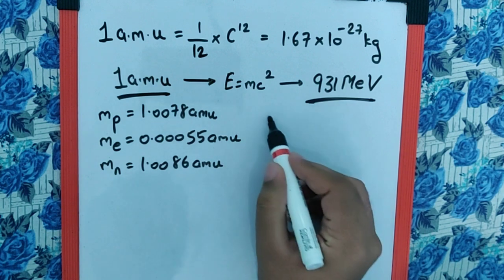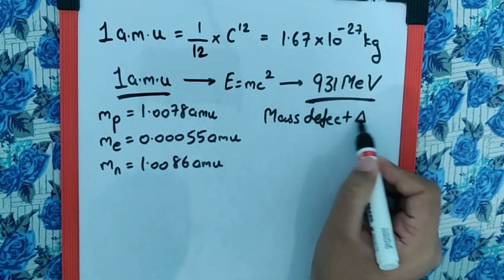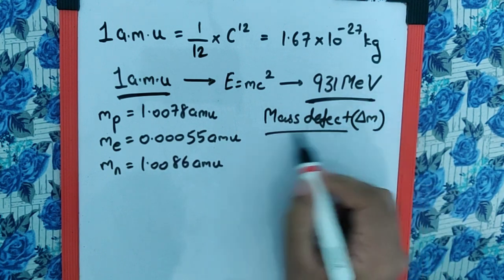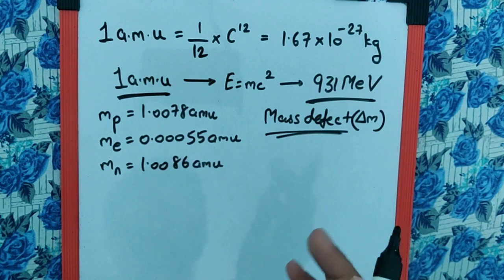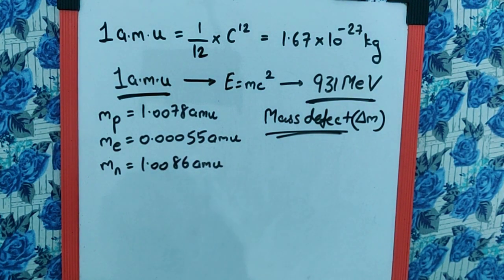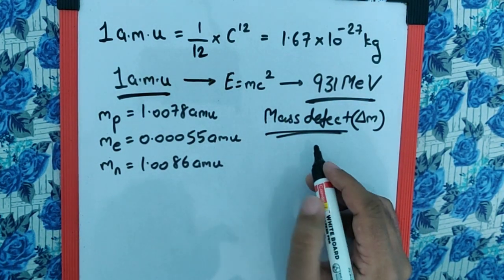Using this information, we have another term called mass defect, which is nothing but the difference in mass of the nucleus theoretically and practically. So basically what we thought was that the theoretical mass of the nucleus would be equal to the practical mass, but practically we found that the practical mass was less than the theoretical mass, which means there is a loss of mass when the nucleus forms.